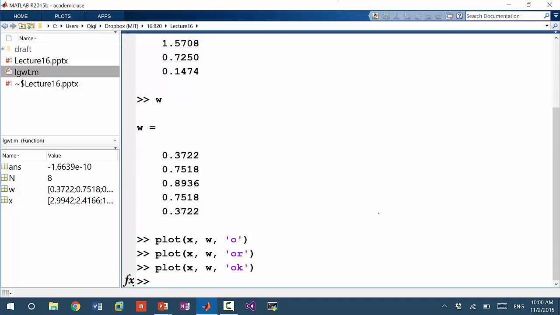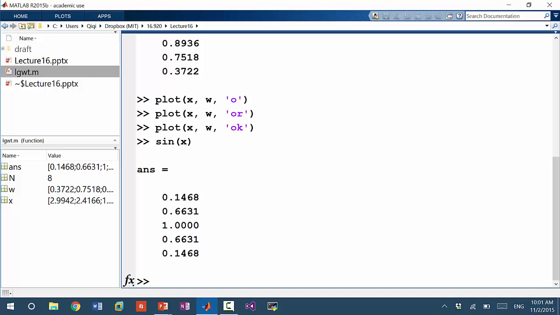So if you use those weights to integrate the function sine of x from 0 to pi, what would you do? I would evaluate the function at the x, so that gives me the value of the function at the Gauss quadrature points.